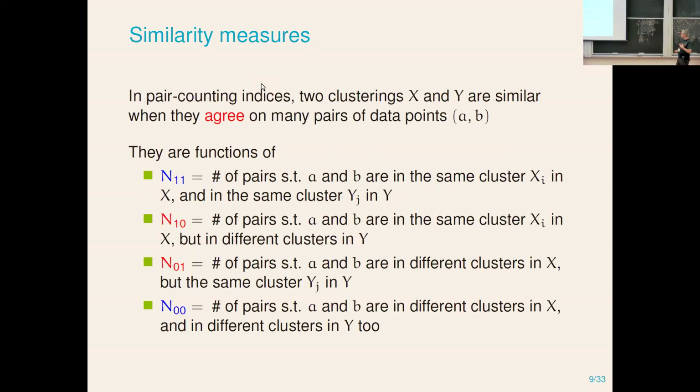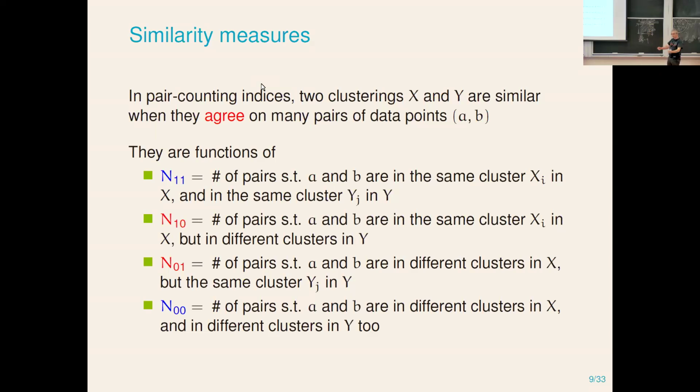Now, pair counting indices basically are telling us that two clusterings are very similar if they agree on how they classify a couple of points. Are they doing the same or are they doing different? So basically, they are functions of those four numbers. n11 is the number of pairs a, b that are in the same cluster in X, and they are also in the same cluster in Y. And n00, pairs such that X classifies those two points in different clusters, and Y does the same.